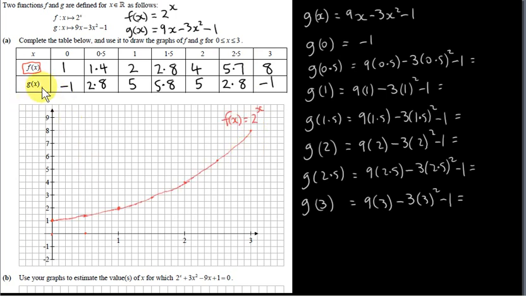Now let's look at g of x. G of 0 is minus 1. So when x is 0, g is minus 1. G of 0.5 is 2.8. 2.8 is close to 3. G of 1 is 5.